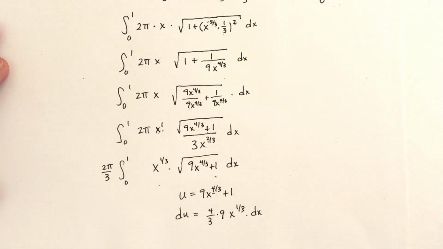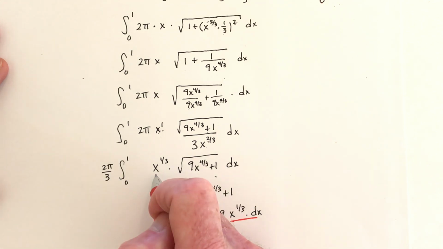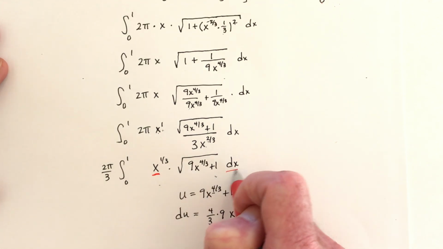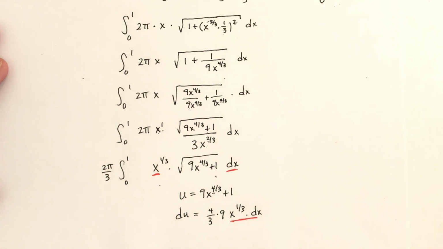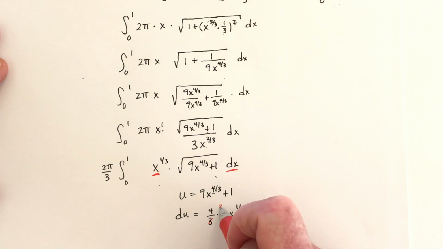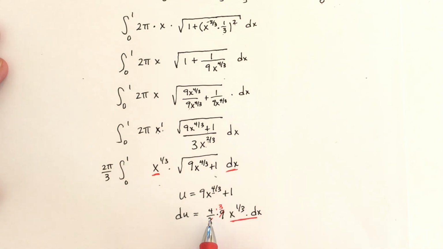And the only way that u substitution works is if this is showing up in the problem. And it just so happens that this is showing up in the problem. So we do need to simplify this and move these numbers to the other side. So simplifying means that 3 will divide into 9 3 times, and then what's left is 4 times 3, or 12.